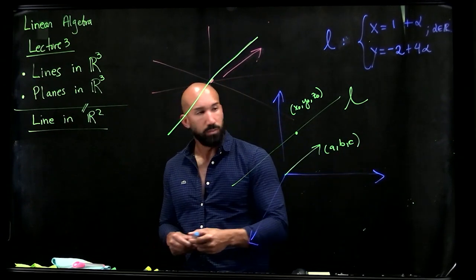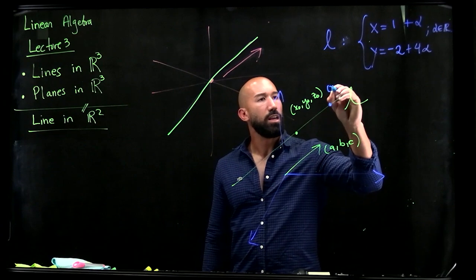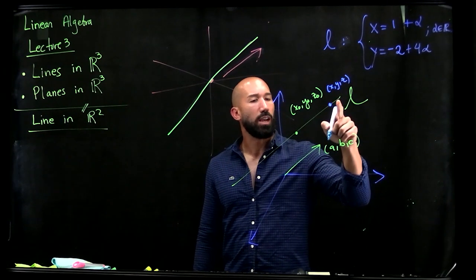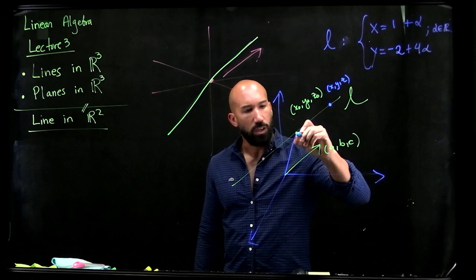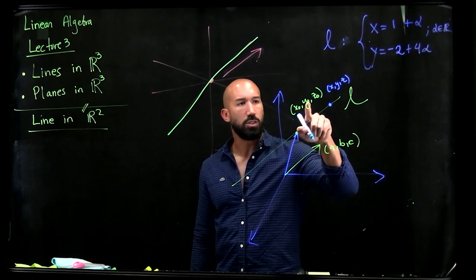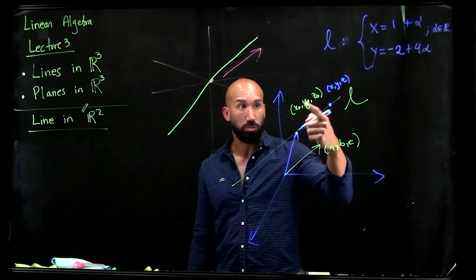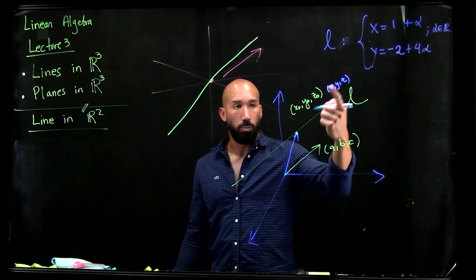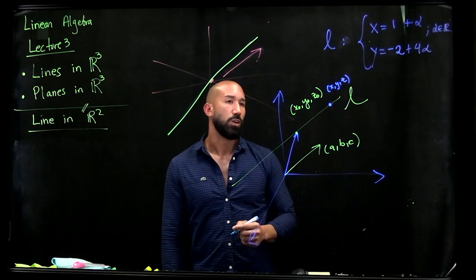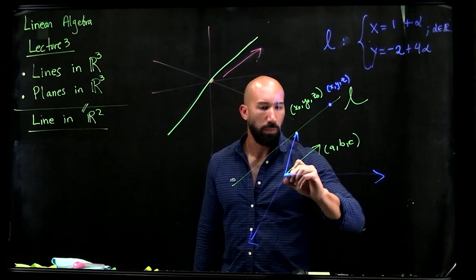Same thing now. If a point now X, Y, Z is on the line L, from the origin to this point X0, Y0, Z0, we have a vector whose components are the same as the coordinates of this point, and the same thing here.